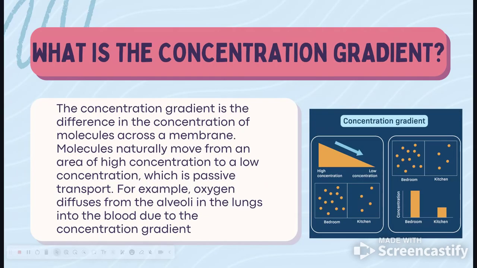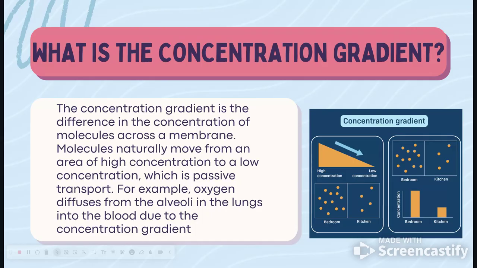Then we have the concentration gradient. It's very similar to selective permeability, but the difference is the concentration of molecules across the space, usually the cell membrane in this case. Molecules usually move from an area where it's more concentrated to an area where there's less concentration because it requires less energy or no energy.